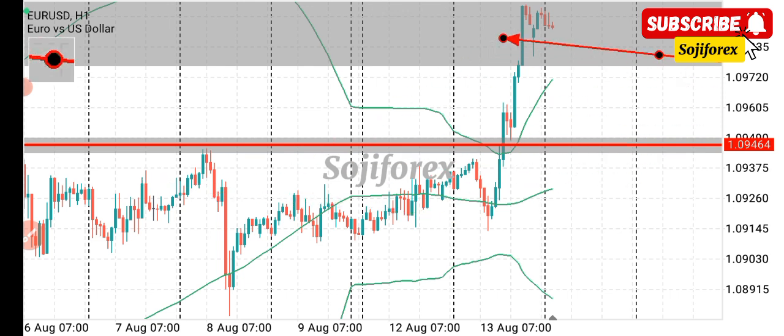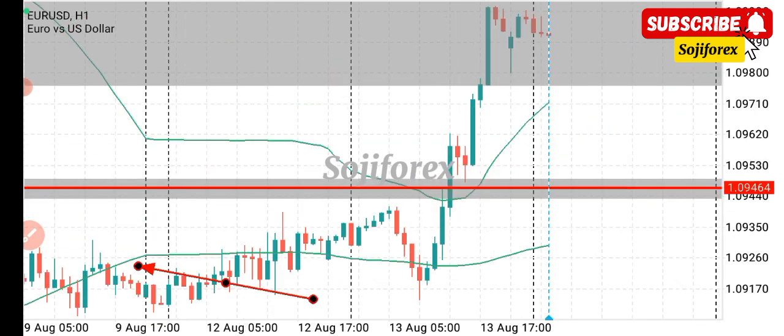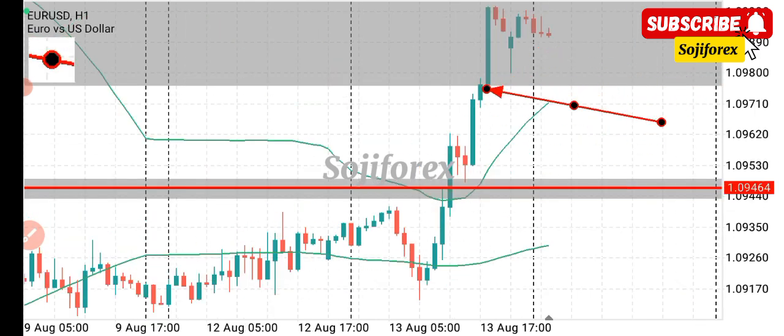So how do we find this signal? There are two ways in which we can find this particular signal. Still on this zone, first of all, we want to see a bearish candle that will give us a signal in order for us to sell.